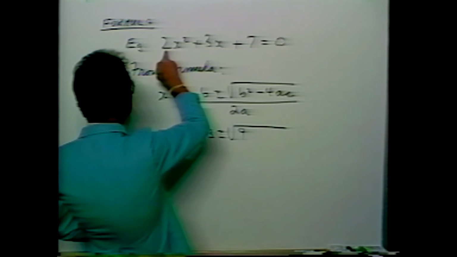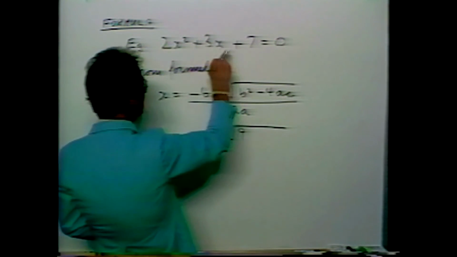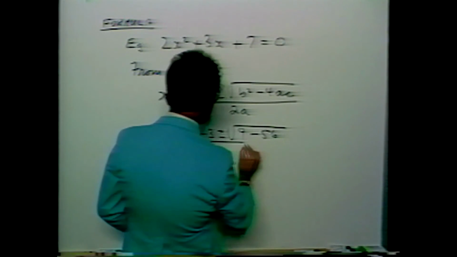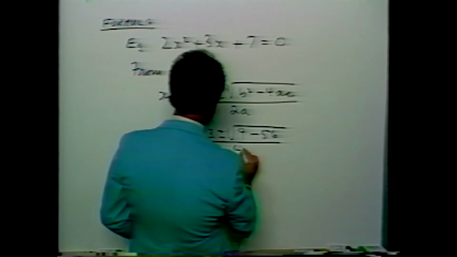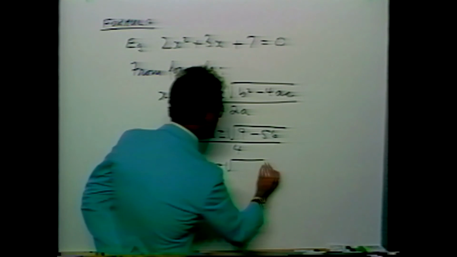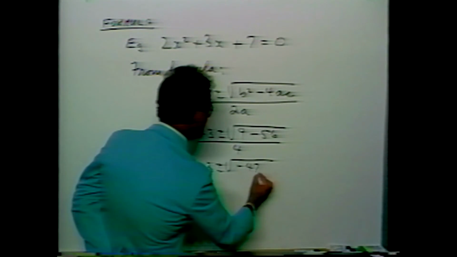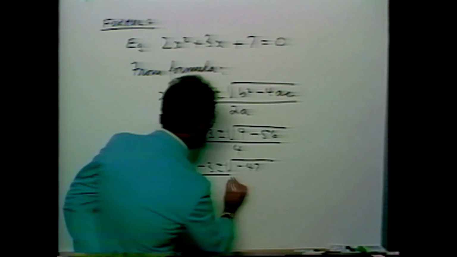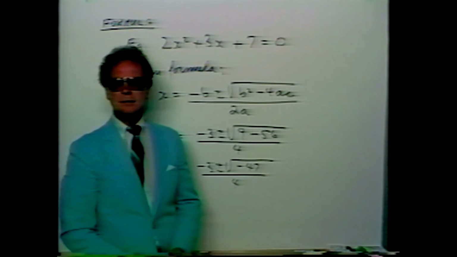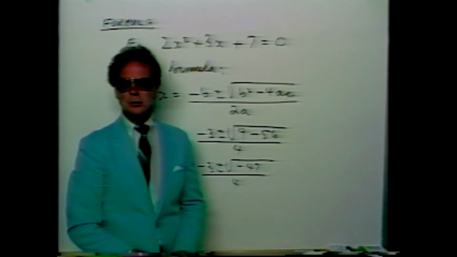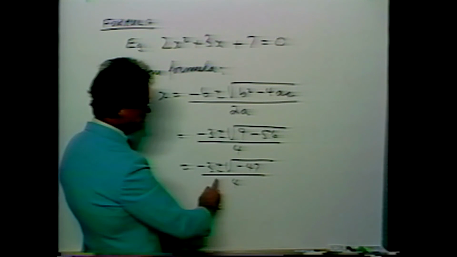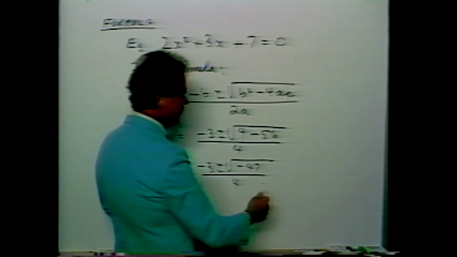Minus 4 times 2 is 8, and 7 times 8 is 56. All divided by 2 times 2, which is 4. This is minus 3 plus or minus the square root of minus 47 divided by 4. Since the square root of negative 47 is not a real number, then there are no real roots. The non-real solution here is often referred to as a complex number.